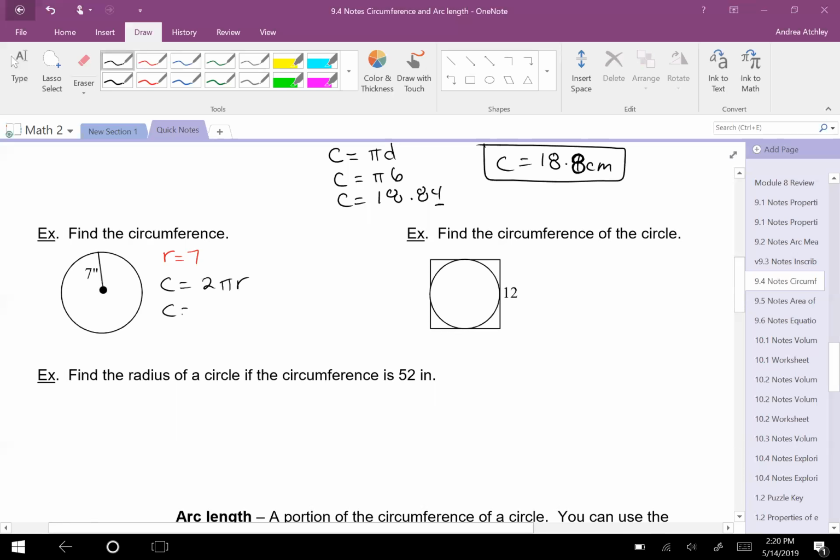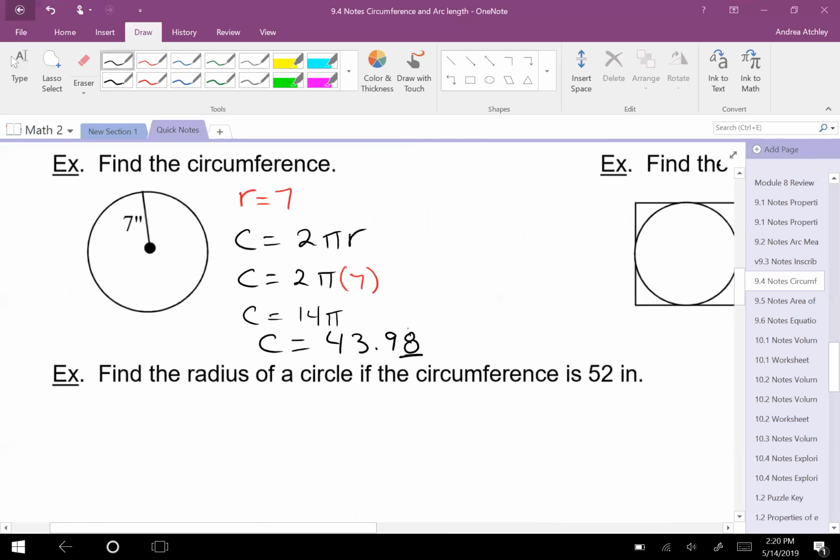So circumference is 2 pi times 7. So we have 14 pi. Let me plug that into our calculator, and I get 43.98.